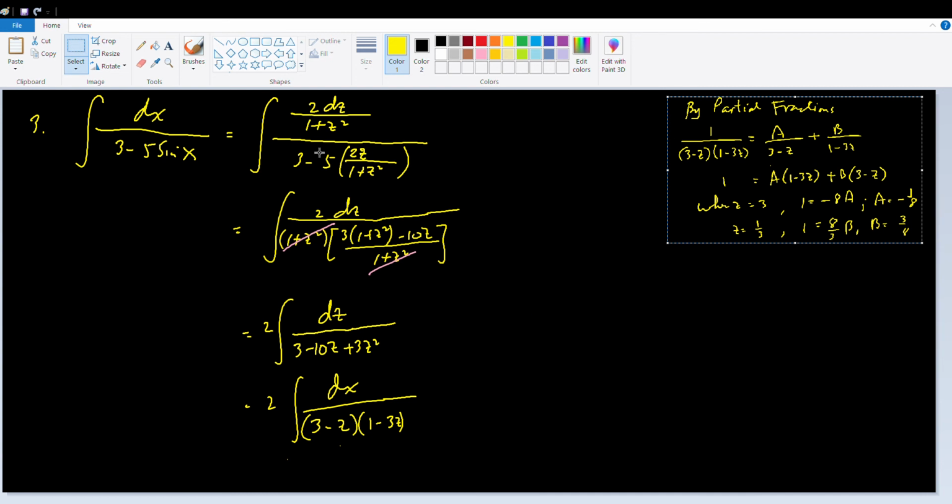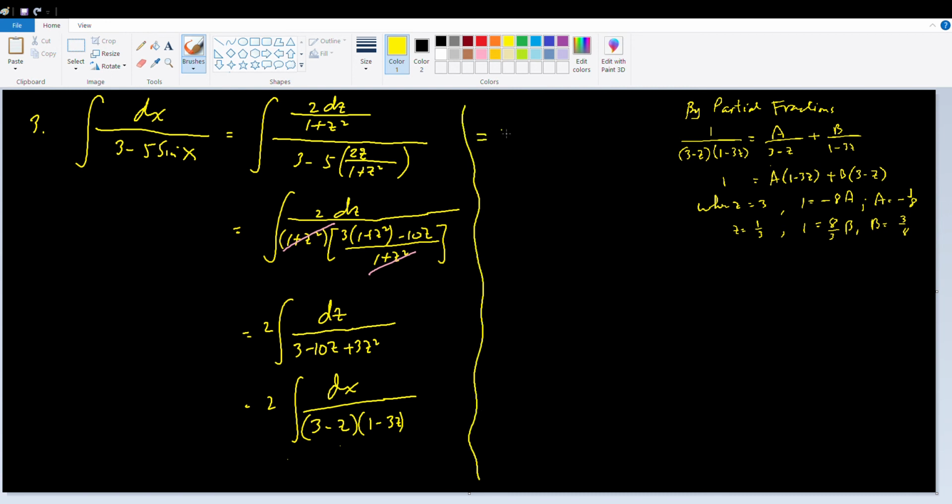There. So we continue. 2 integral of dx over 3 minus c, 1 minus 3c will become negative 1/8 over 3 minus c dc plus b, let's put a bracket there, plus b 3 over 8 over 1 minus 3c dc.